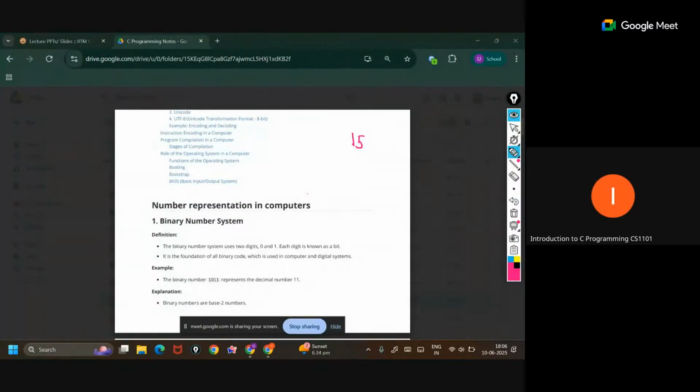Can you all tell me the value of this 15 in binary? Just give 2 minutes, people, try it. Do you all know or we can discuss? Four ones. Yes, good.